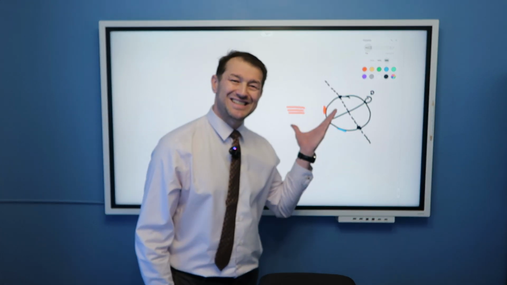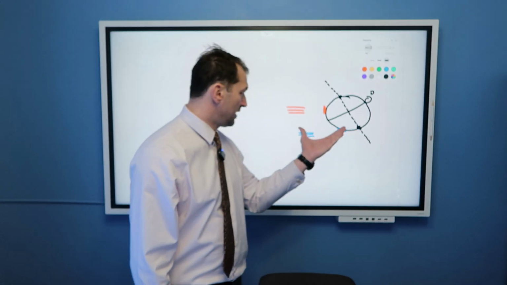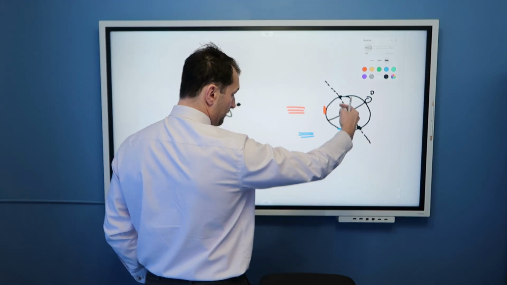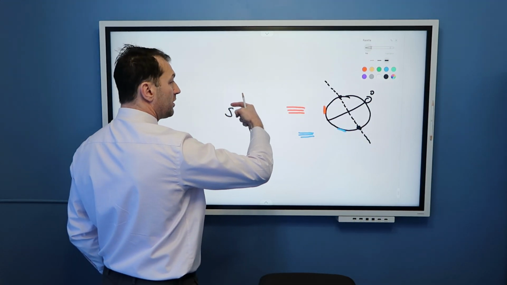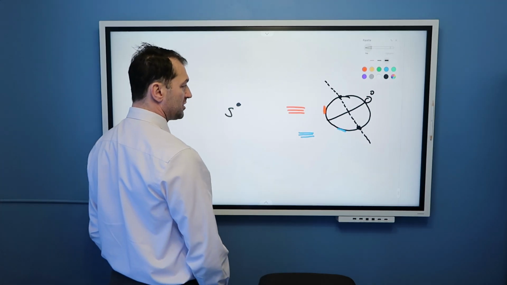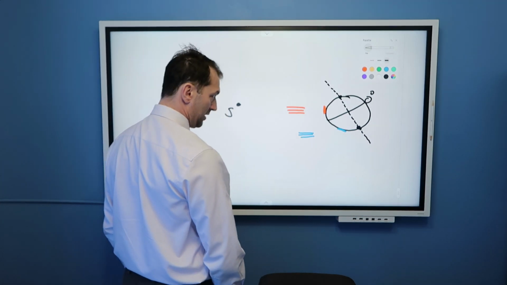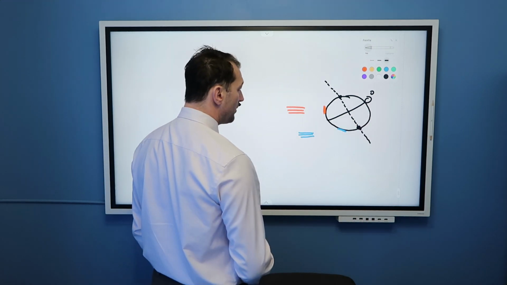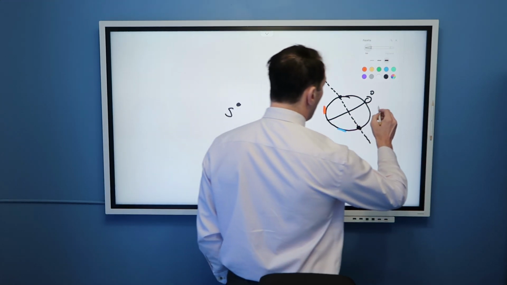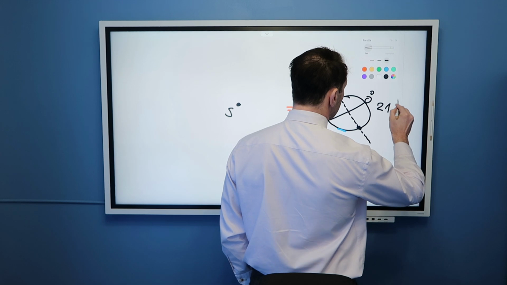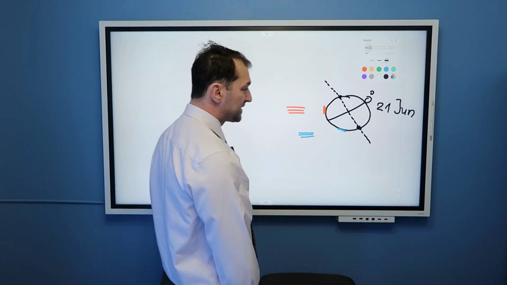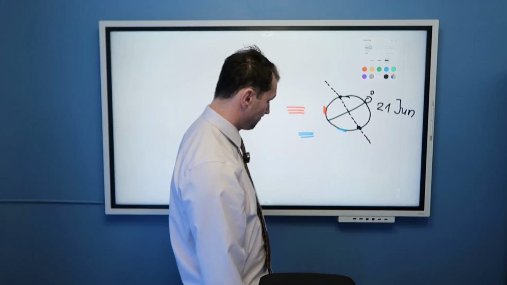This is summer in the northern hemisphere. Tilt of Earth's axis of rotation is towards the sun in the northern hemisphere during the summer in the northern hemisphere. And the first day of summer is, of course, 21st June, which is also known as summer solstice.